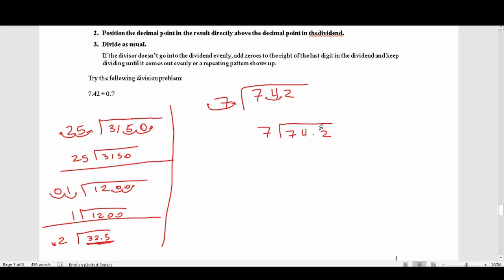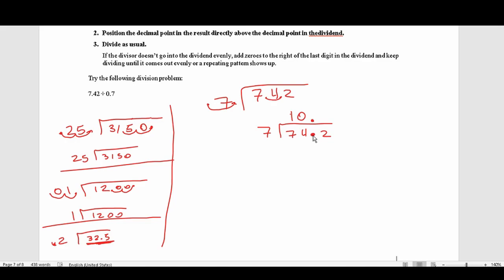So, getting back to this problem, let's go ahead and work it out. 7 does go into 7, but 7 goes into 74 10 times. And again, we're just going to bring this decimal straight up.